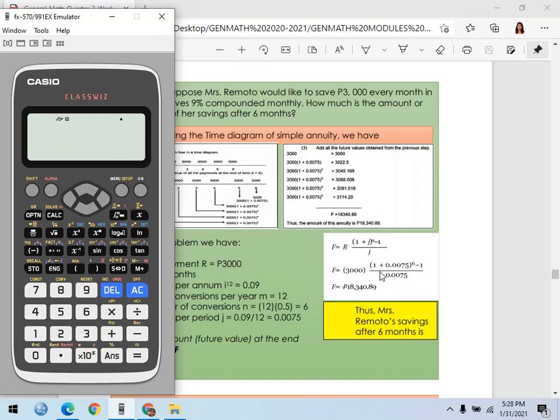Okay? So, ang naka-parenthesis natin is 1 plus 0.0075. Then, equals, yan. So, hayaan nyo muna yan, huwag nyo muburahin. Then, raised to 6. So, this will be the key for exponent. Raised to 6 equals, okay? And then, susunod is minus 1.